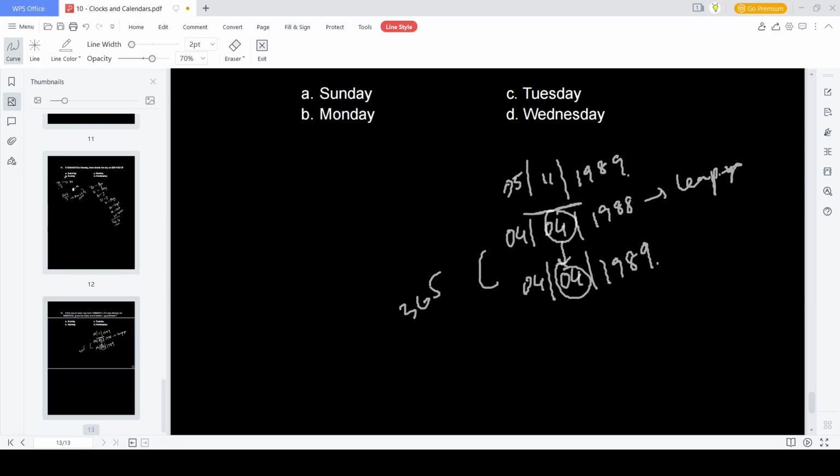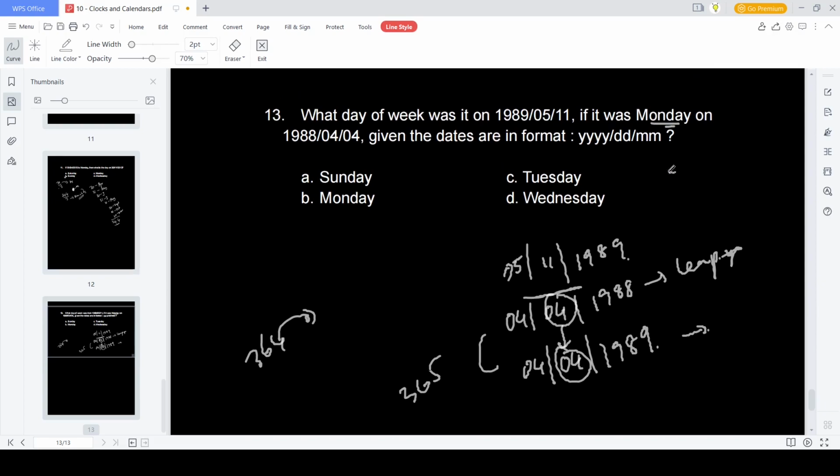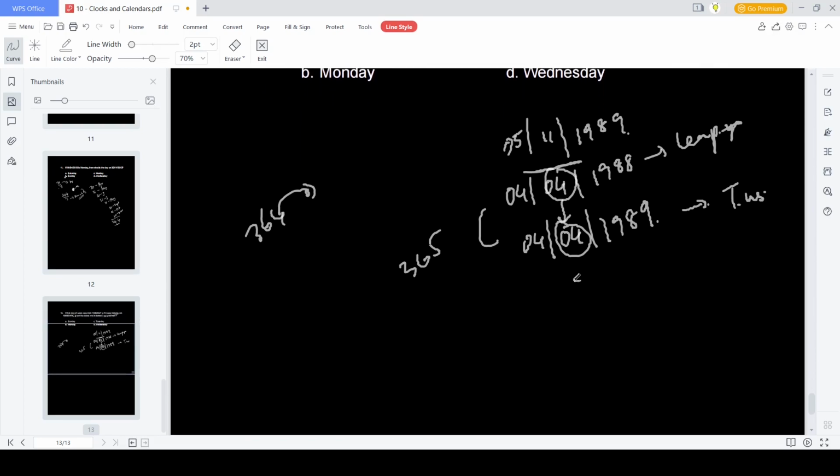To find that out we need to divide by 7. We get 52 complete weeks, which comes down to 364 days. So one day is extra. So on 4th April 1989, if this is Monday, this is going to be Tuesday.